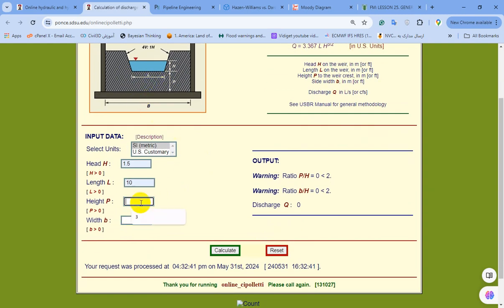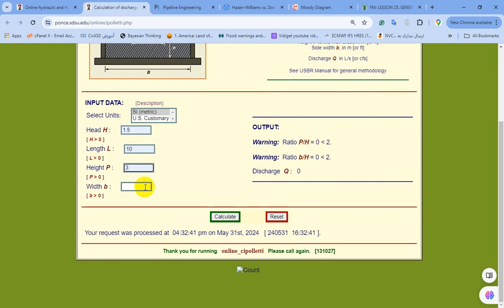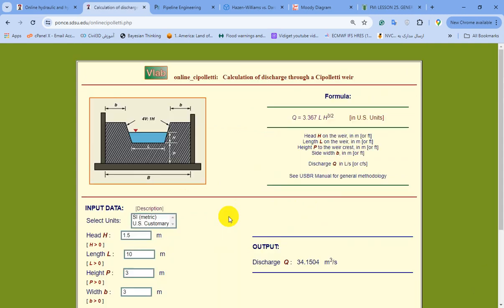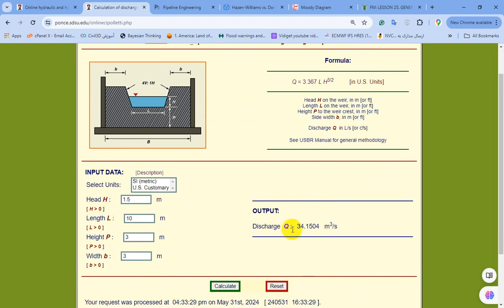P is the elevation or the height of the weir, for example equals 3, and the width B for the contraction side of both sides of the weir, for example 2 meter or 3 meter, and then press calculate, and this information leads to the discharge value based on the Cipolletti weir. For more information about this weir and other weir types, you can refer to the USBR manual.